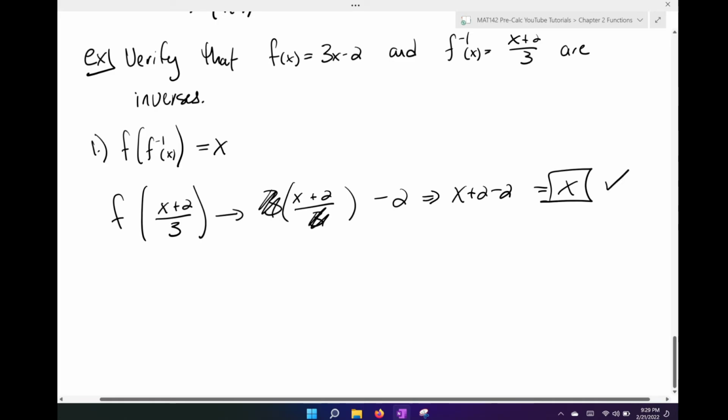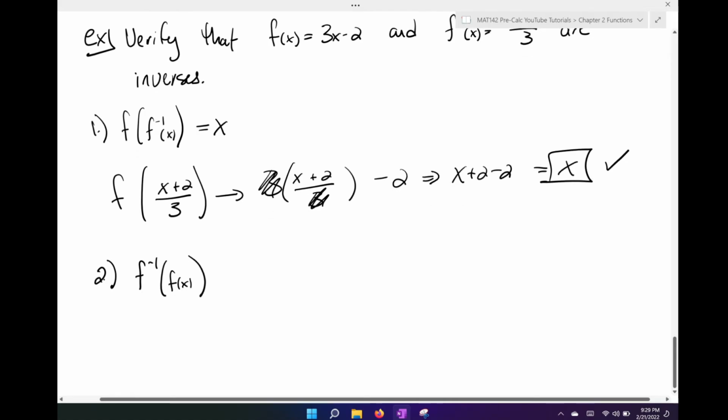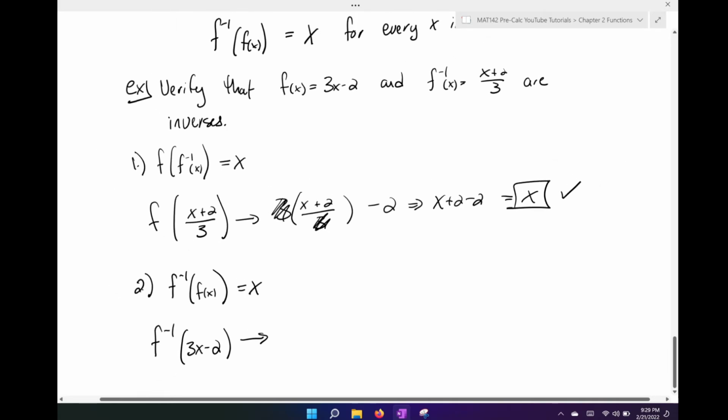That's what I want. Step 2, let's reverse the order. All right, and let's find this composite function. Now remember, this also has to equal x. So I'm going to write the inverse of f of x, which is 3x minus 2. Now we're going to make our substitution.